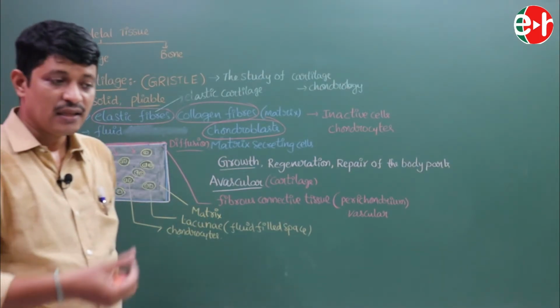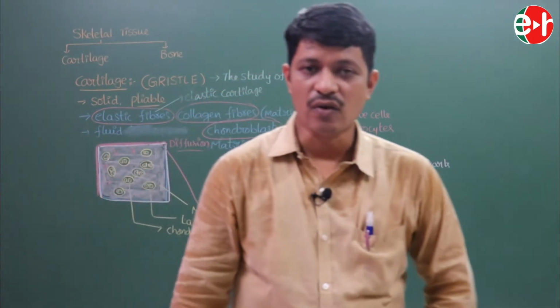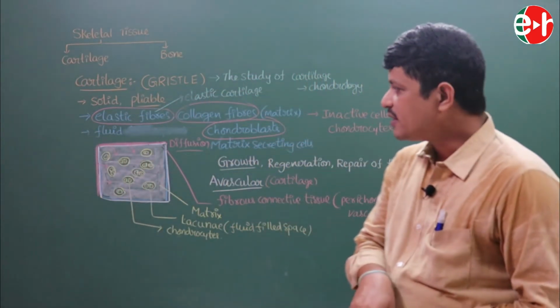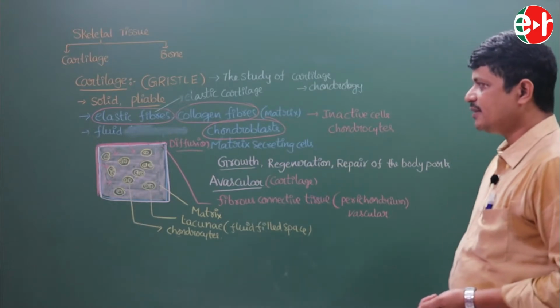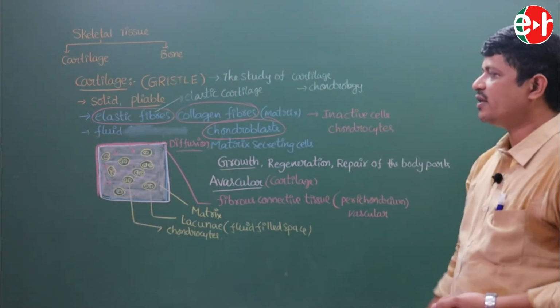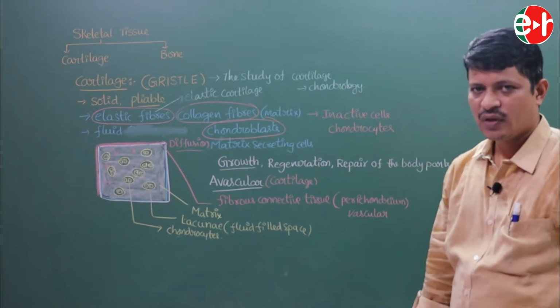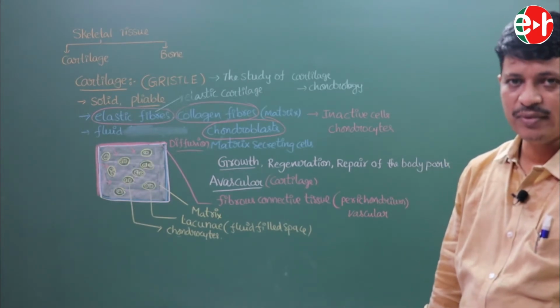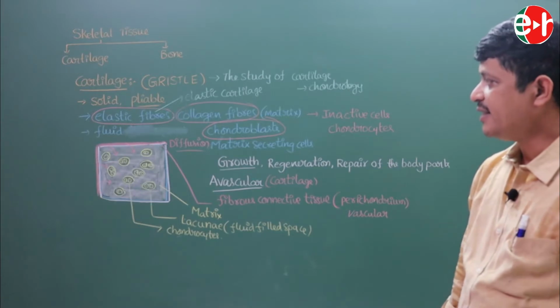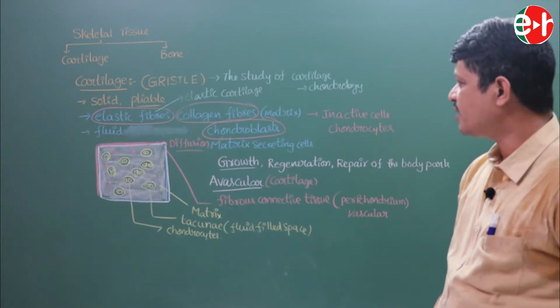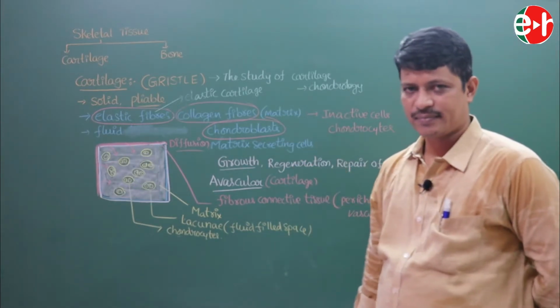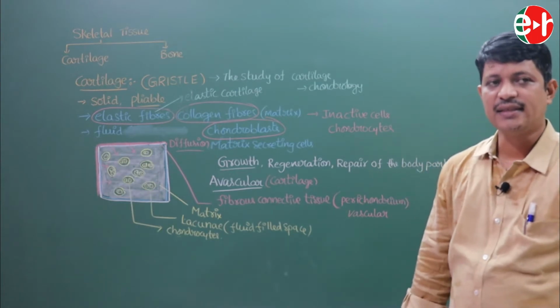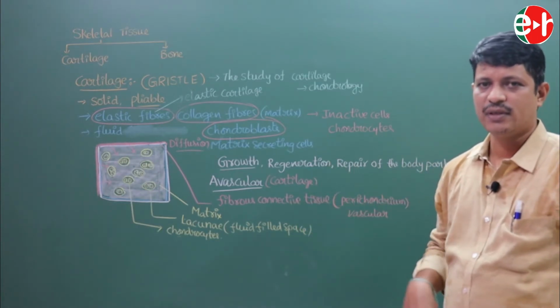I repeat, the complete introduction of the cartilage. This cartilage is also known as gristle. The study of the cartilage is chondrology. This cartilage is solid but flexible. The matrix is the fluid of the cartilage, flexible and pliable.